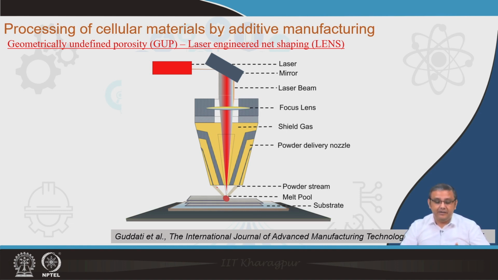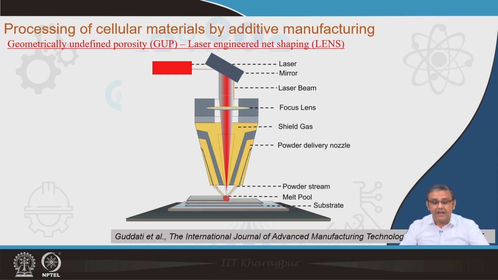Again, the initial step is that we first create a 3D or CAD model of the component, and then using this LENS DED, or direct energy deposition, we deposit one layer directly, exactly following the dimensions and shapes of the initial CAD model.